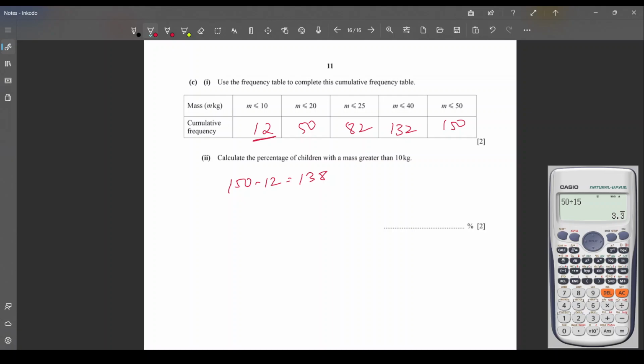We have to find the percentage of children with mass greater than 10 kg. So 138 students out of 150 are greater than 10 kg. So we'll be multiplying by 100 to get the percentage. If you use the calculator, 138 times 100 divided by 150 gives you the answer 92. So 92 percent of students are greater than 10 kg.